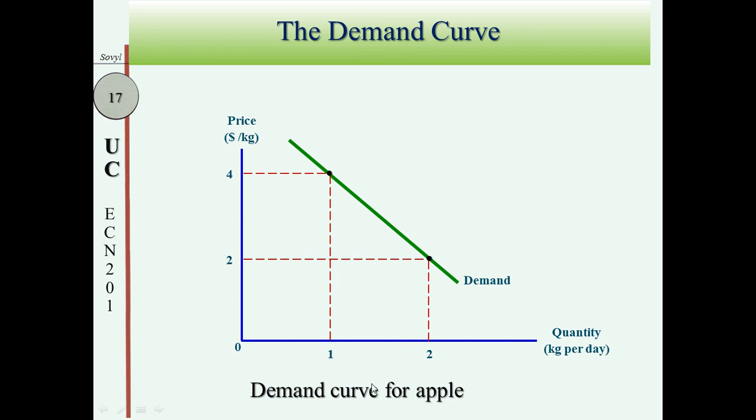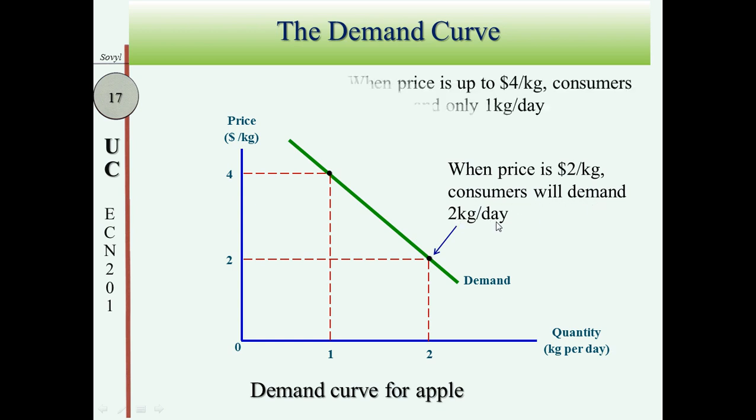This line we call the demand curve for Apple. This demand curve summarizes for us that when the price is $2 per kilogram, the consumer will demand 2 kilograms per day. When the price goes up to $4 per kilogram, the consumer will demand only 1 kilogram per day. That's the behavior of the consumer.